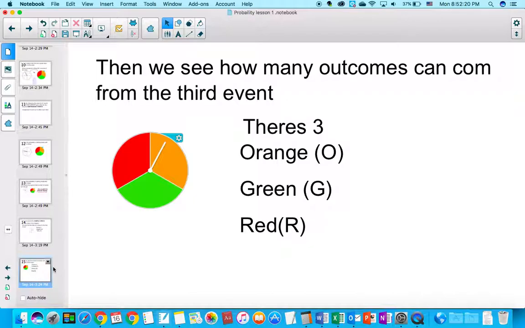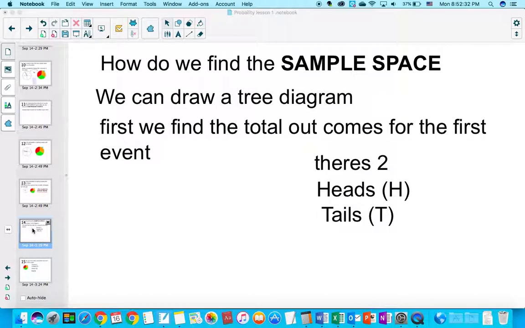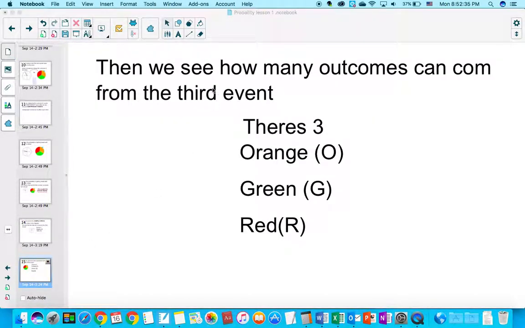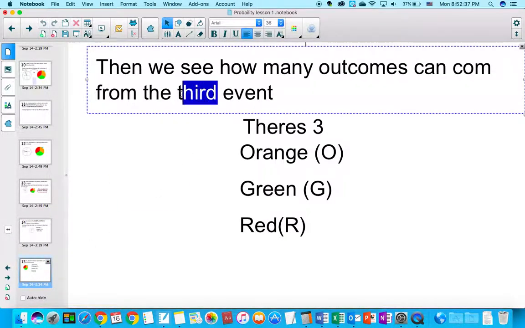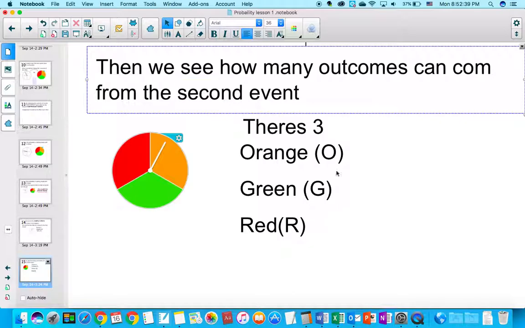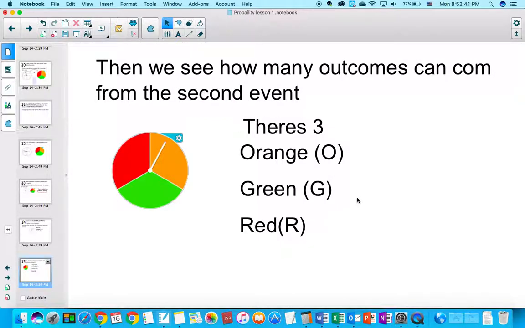We have orange, right? We'll say O. We'll say green, G, and red, R, right? First event, I don't know why it says third event. I'll fix that right now. Second event, because it's 2 events. Second event, right?